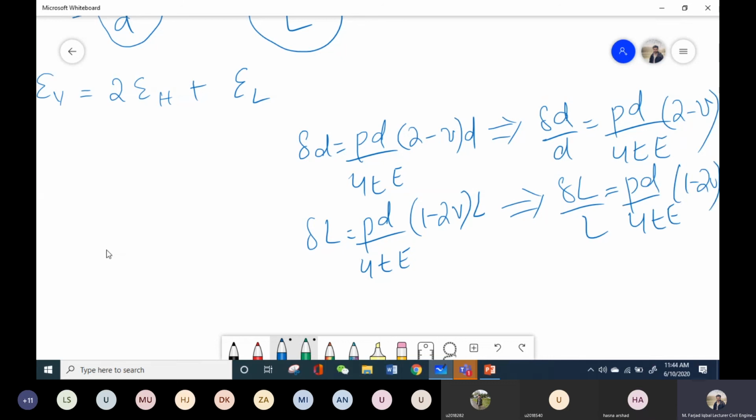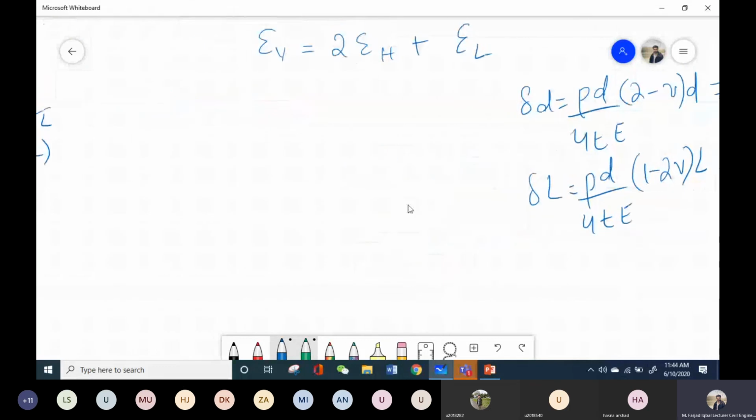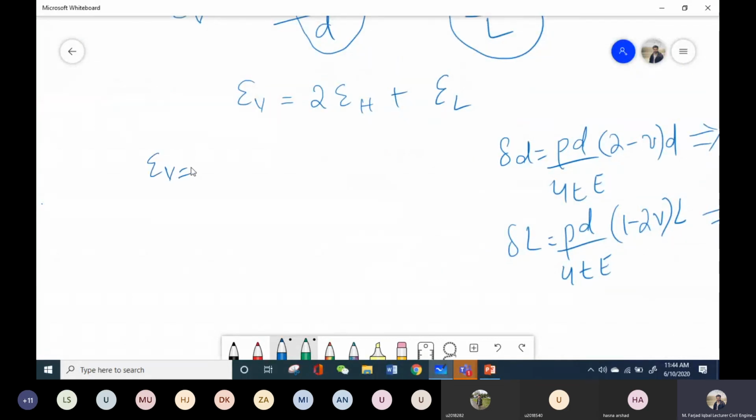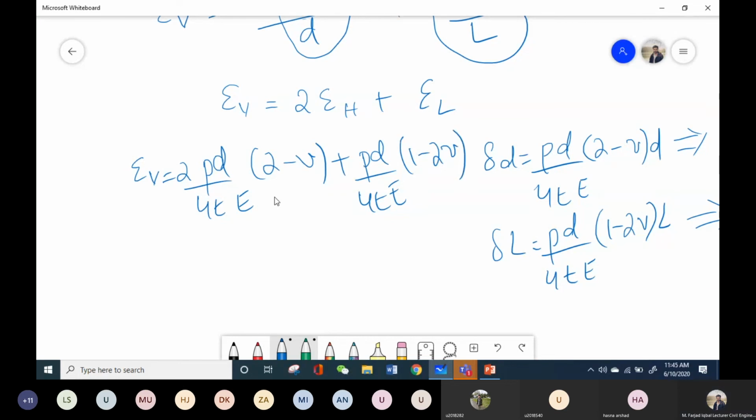So this delta D over D is again the hoop strain, and this delta L over L is the longitudinal strain. So I will substitute these values into this equation of epsilon V, and I am going to get 2 into PD over 4TE into (2 minus nu) plus PD over 4TE into (1 minus 2 nu), right?